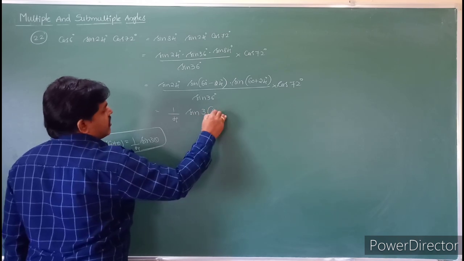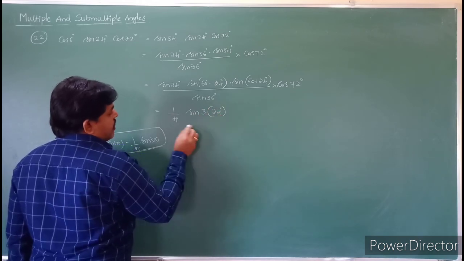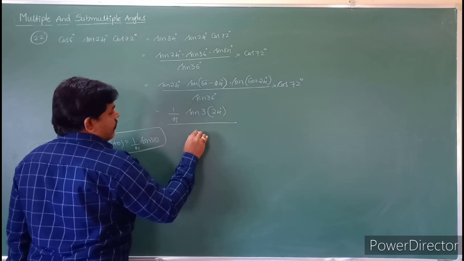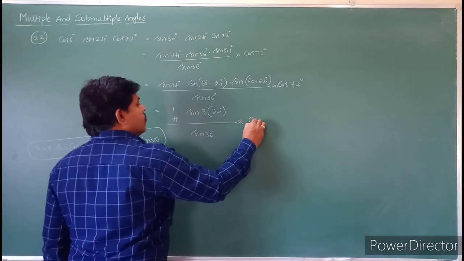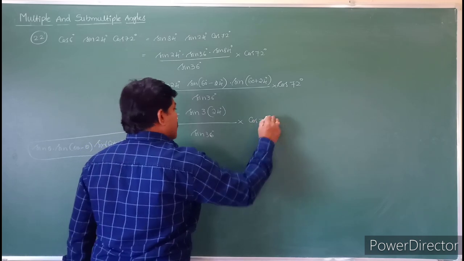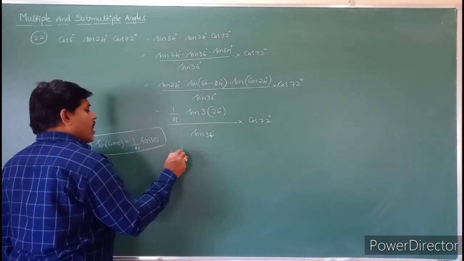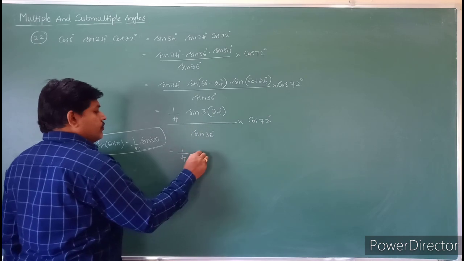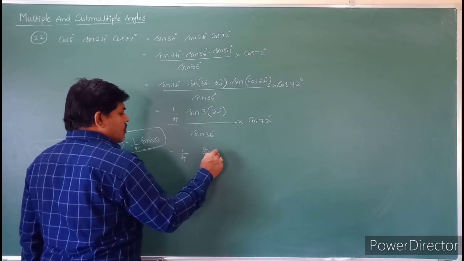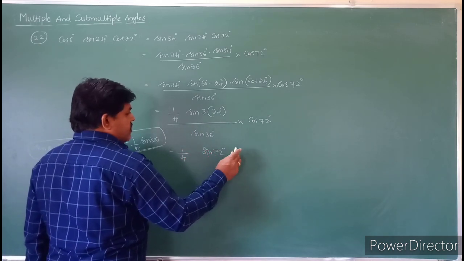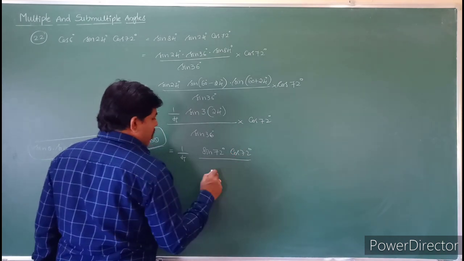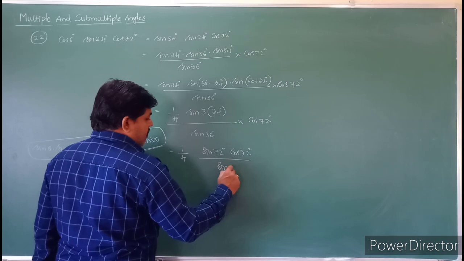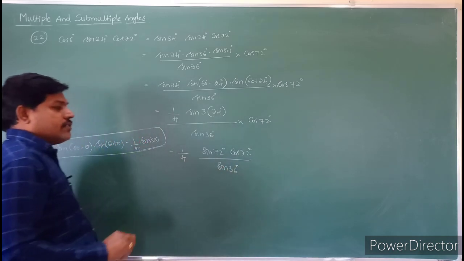Yes or no? So that is nothing but 1 by 4 into sin 3 theta, and theta is nothing but 24 degrees. Whole by sin 36 degrees into cos 72 degrees. So that is equal to 1 by 4 into sin 72 degrees into cos 72 degrees by sin 36 degrees.